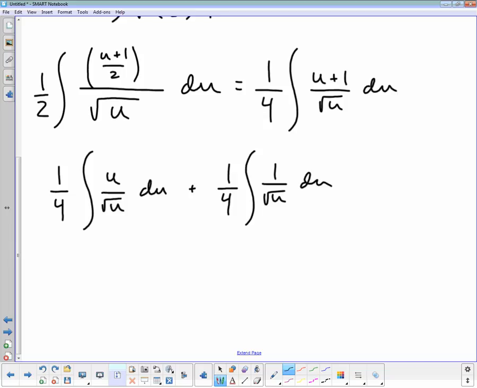Okay. You can go from the numerator being u plus 1 over 2 to just u plus 1 in the square root.